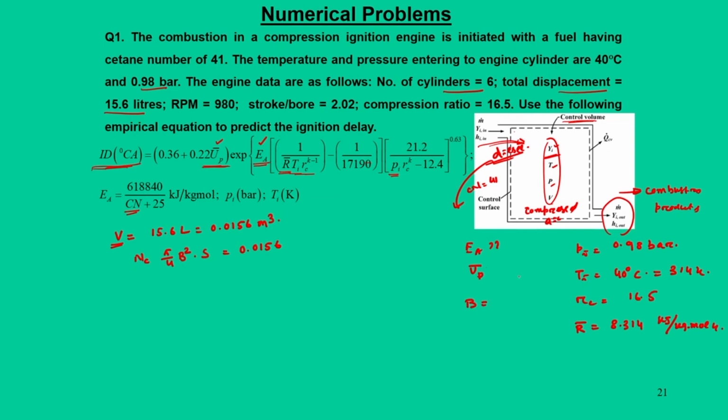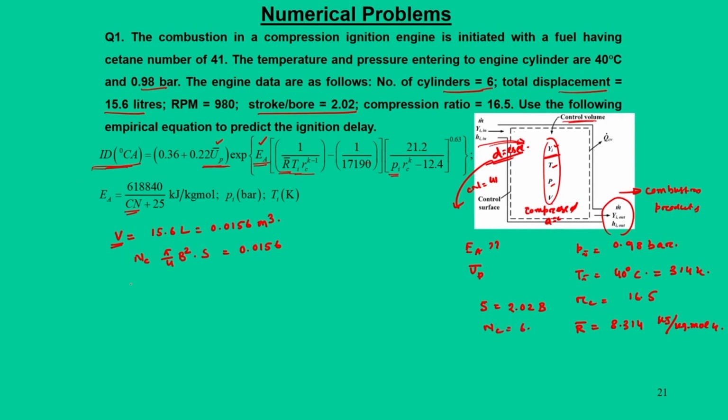The bore and stroke relation is this: stroke is equal to 2.02 times bore, and the number of cylinders is 6.